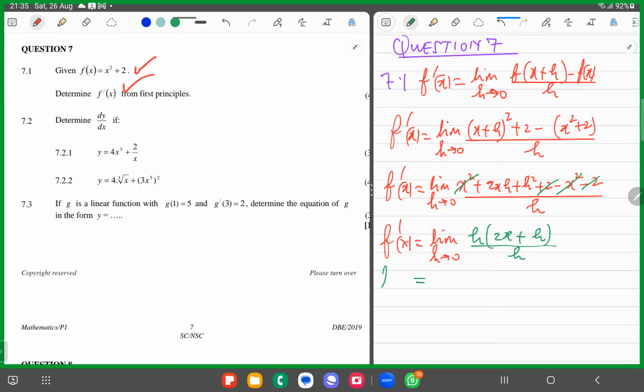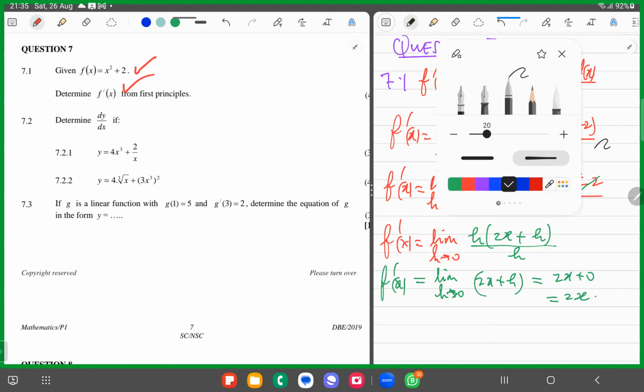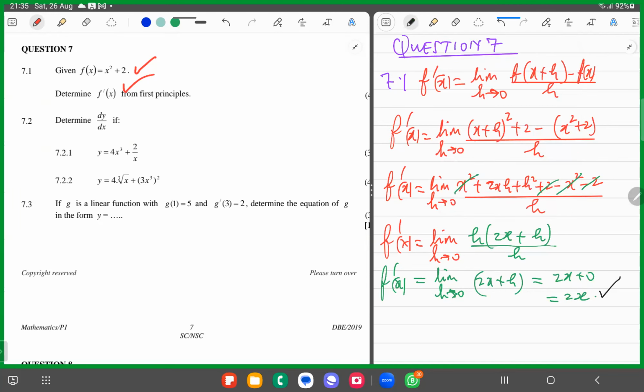So this is the limit as h tends to 0 of 2x plus h. As h tends to 0, it is 2x plus 0, which is 2x. So the result is 2x.